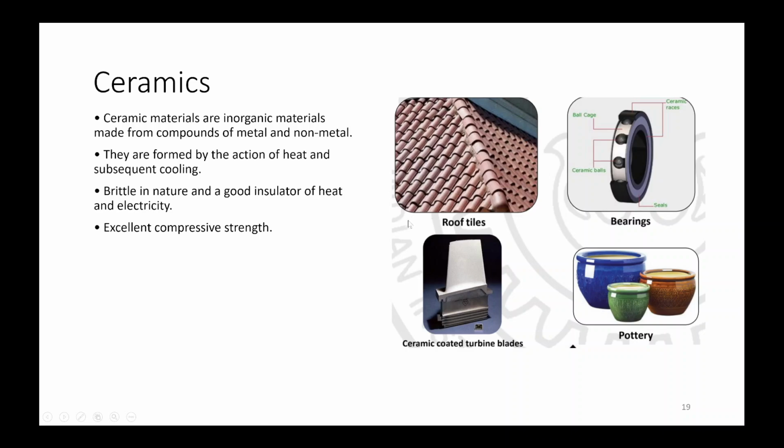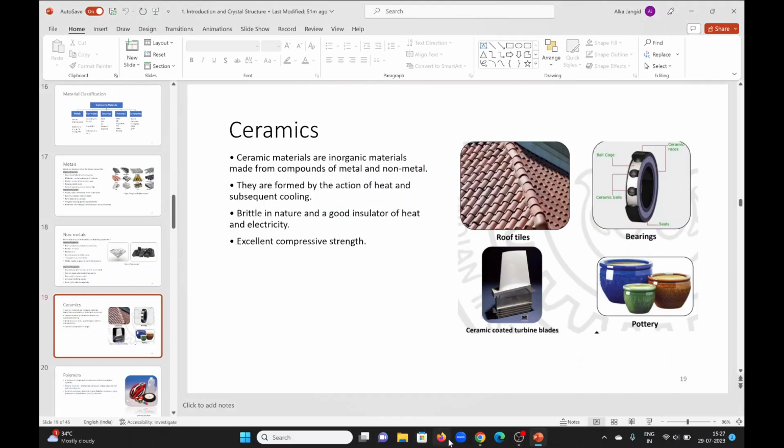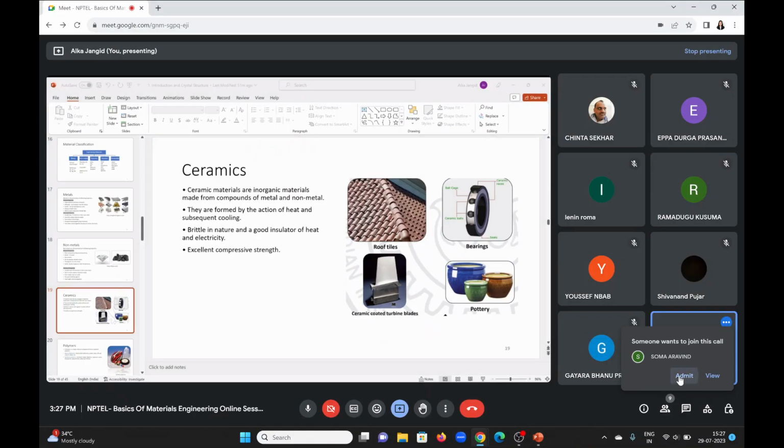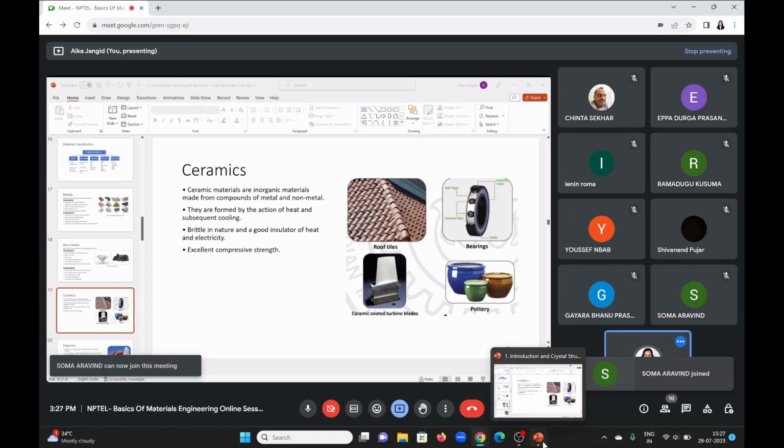Their applications are in making roof tiles and bearings. Bearings are made using silicon nitride, silicon carbide, and some ceramics coated turbine plates and pottery. These are some applications of ceramics.